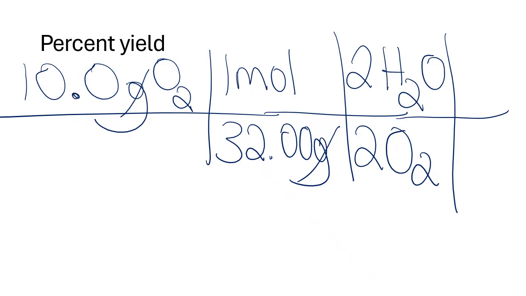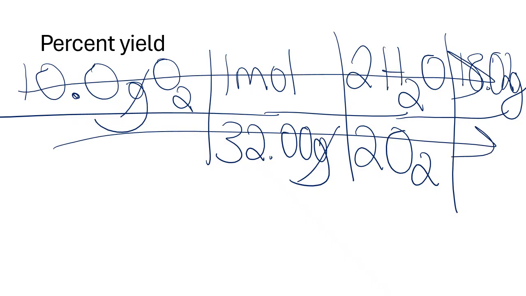Then the molar mass of water is 18.02 grams. Here I can then determine theoretical yield. So I'm multiplying across and dividing once, or else I'm just entering all of these numbers.